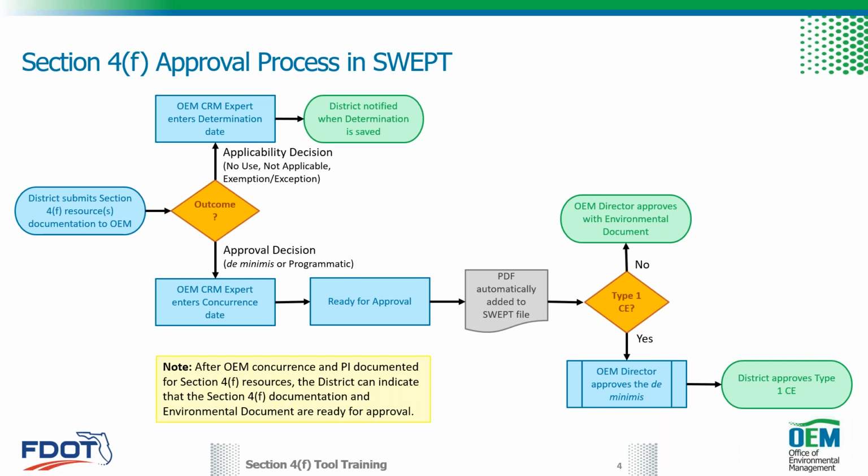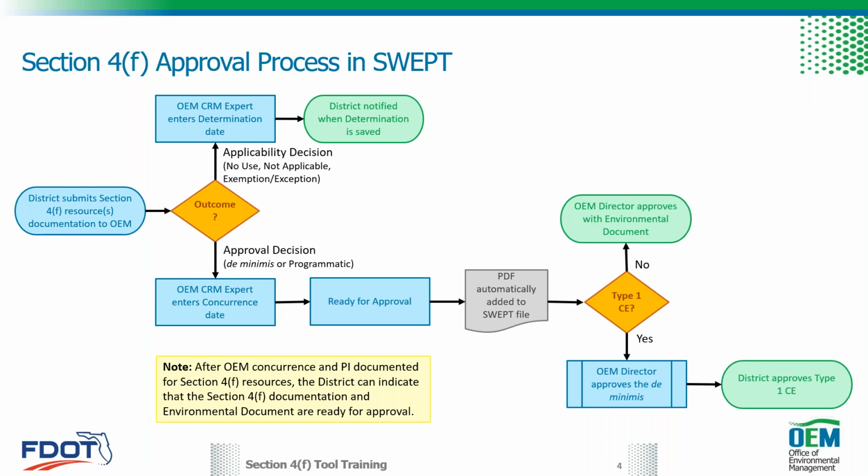So this slide illustrates the approval process in SWEPT. Your first circle here, you've already entered your information in the tool, and the approval process depends upon the outcome that you choose for the resource. So if we go up, we are looking at applicability decisions. Those are your no uses, not applicable, or your exemption exception. If you have one of those outcomes and you fill out your information and you hit the button, the resource gets sent to OEM for review and approval.